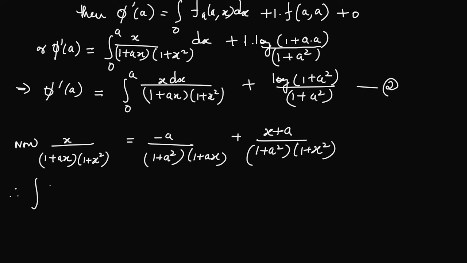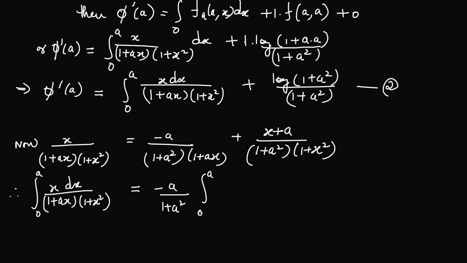Therefore, integral of 0 to a, x dx divided by 1 plus ax into 1 plus x square, is equal to minus a, since we have to integrate with respect to x, so it will be 1 plus a square. You can take it outside the integral sign.